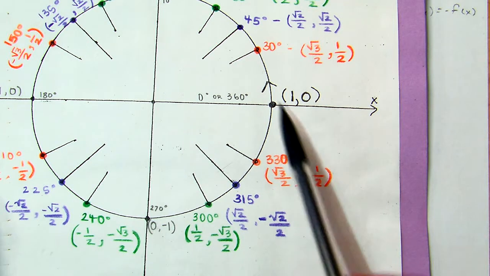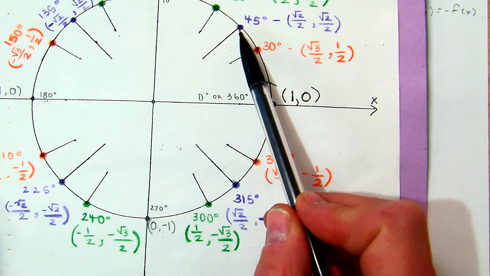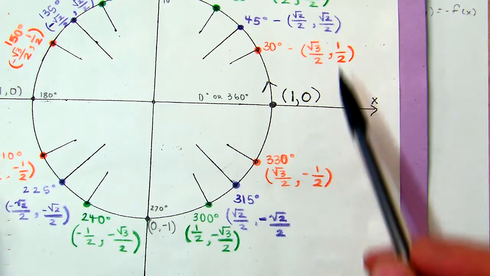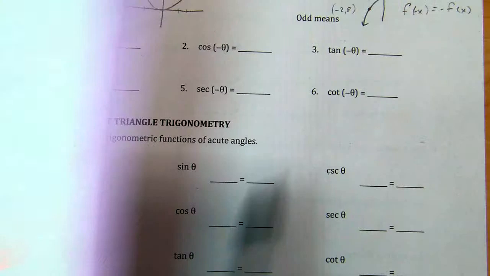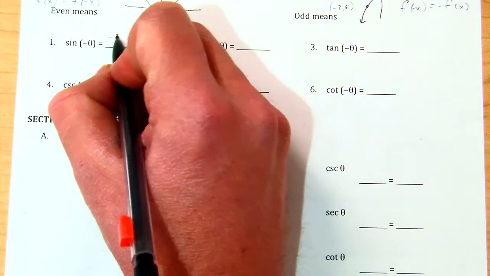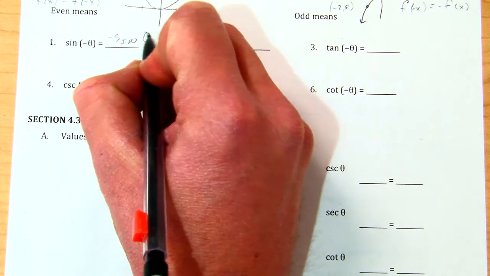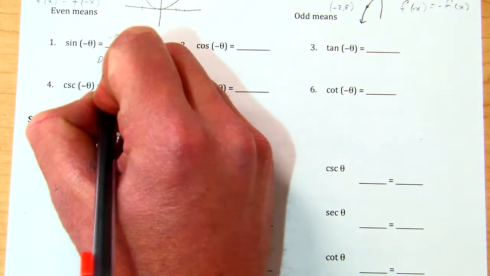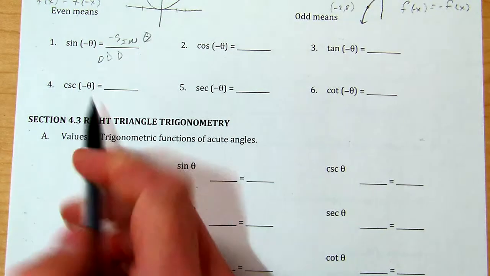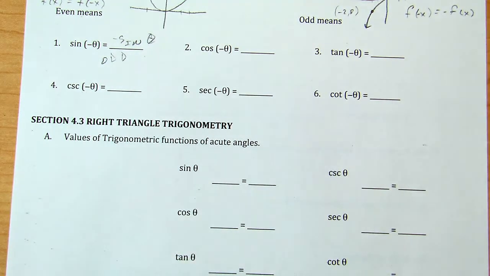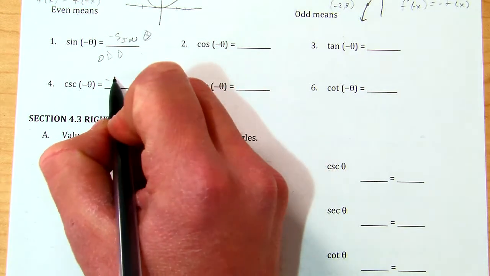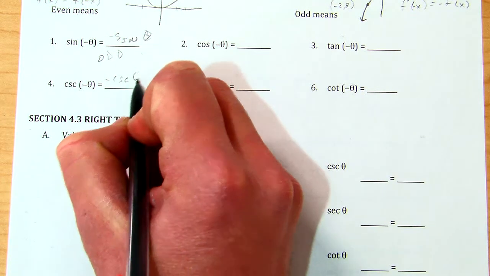So if I take the input, which was 45, and switch it from positive to negative, the y value also changes. So this is going to be negative sine theta, an odd function. Okay, we know cosecant follows the sine wherever it goes, so this one will be negative cosecant theta as well, and this one will be odd.